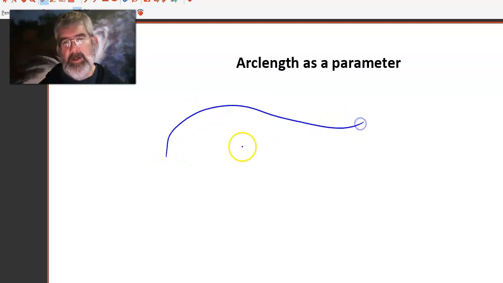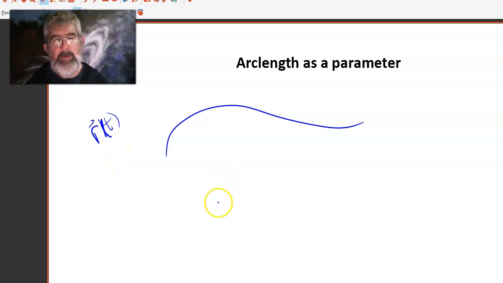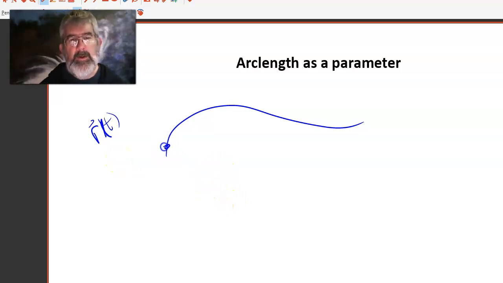But here's what I usually have, right? I usually have a curve in space or in the plane, whatever, which is defined by some vector function. Okay, and at t0 you might be right here, at t1 you might be right there, and at t2 you might be there, and t equals 3 here, and t equals 4 there.